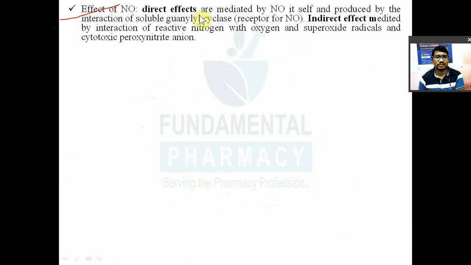It exerts effects in two ways: a direct effect mediated by nitric oxide itself, produced by interaction with soluble guanylyl cyclase enzyme, which is the receptor for nitric oxide, and an indirect effect mediated by reactive nitrogen with oxygen and superoxide radical and cytotoxic peroxynitrite action. तो आपको डिटेल में पढ़ने की जरूरत नहीं, बस इतना याद रखो. There are two types of effect produced by nitric oxide, direct and indirect.